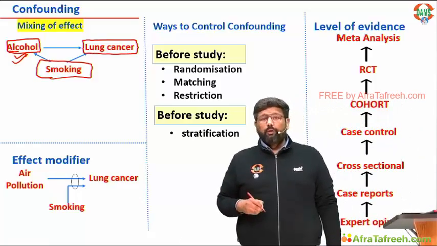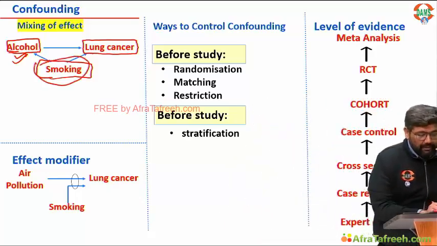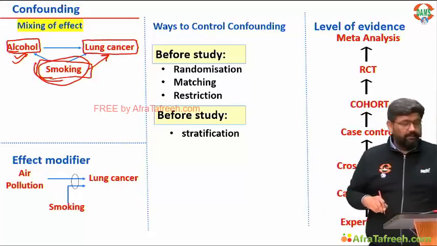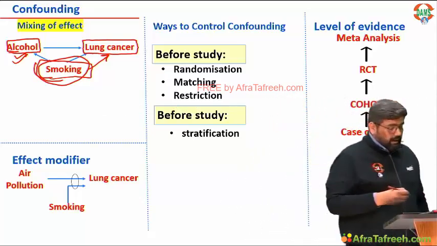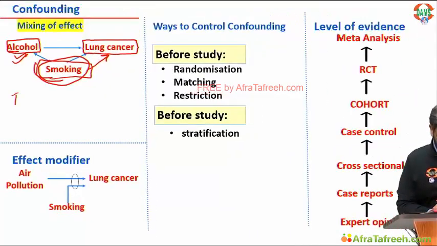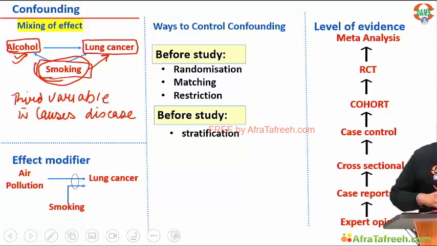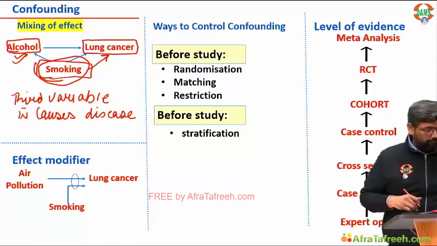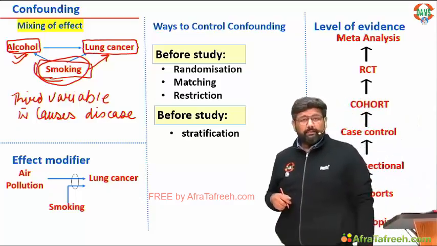They also smoke. It is not the alcohol which is causing the cancer, but it is the smoking which is causing the cancer. So what is confounding? It is the third variable which causes the disease.